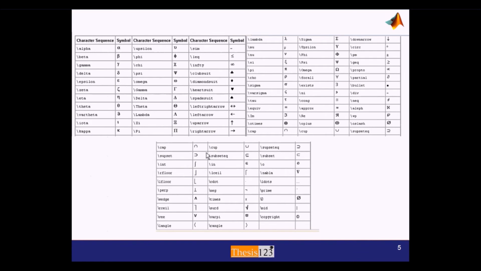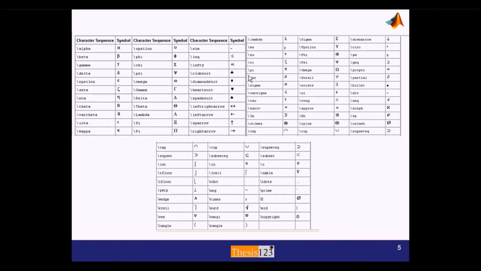Coming to the different Greek letters used in MATLAB, these are all the possible ones, and you can also get other options through Unicode. Here all the possible symbols are given: all the Greek letters, alpha, beta, gamma, and so on.